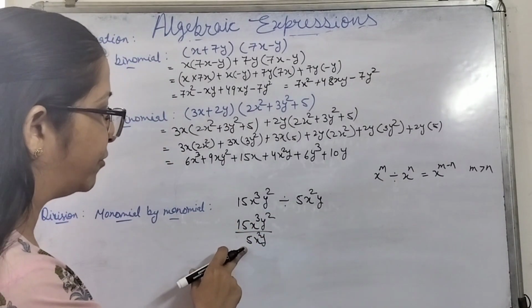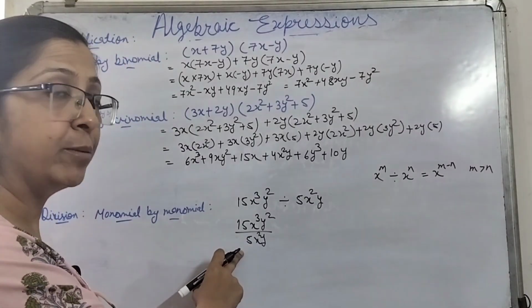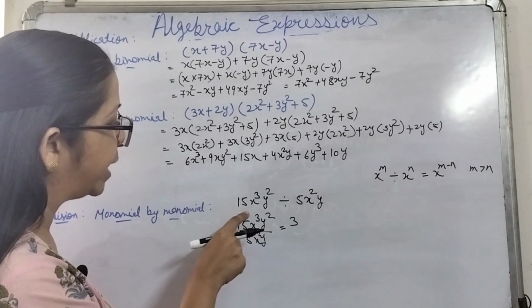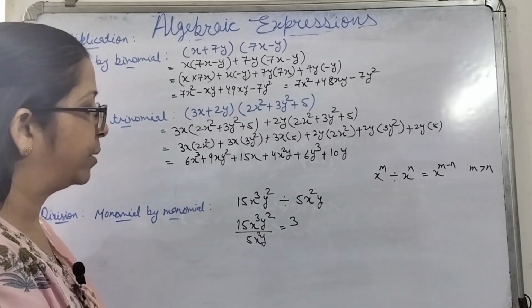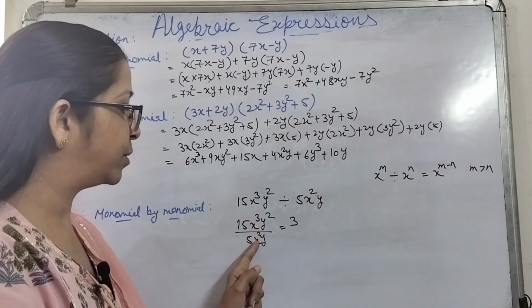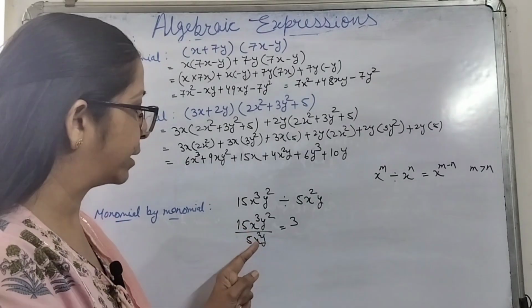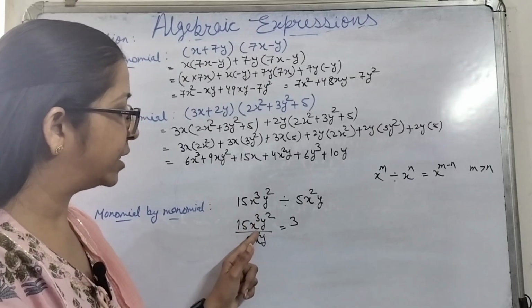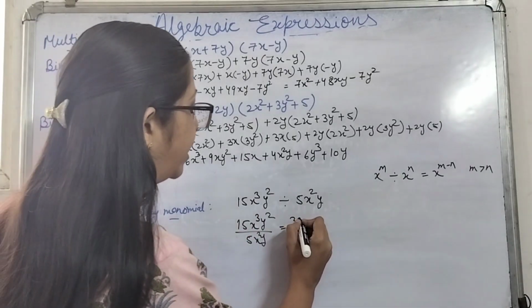Now first of all, numeral coefficients will be divided. 15 divided by 5 will be 3. 5 3s are 15. Now here x cube and here x square. Bases are same, and division sign is there in between. So powers are going to be subtracted. So it will be x raised to the power 3 minus 2. So it will be x.